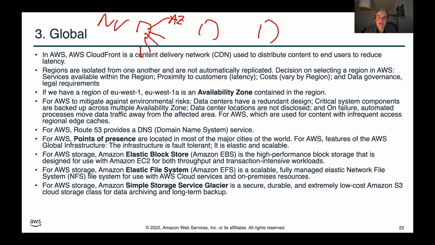So these are AZs, so we might have a US East 1 as the region, and then we can have 1A, 1B, 1C, 1D, 1E, 1F as the availability zones. Data is synchronized for networking and for EBS across the availability zones.